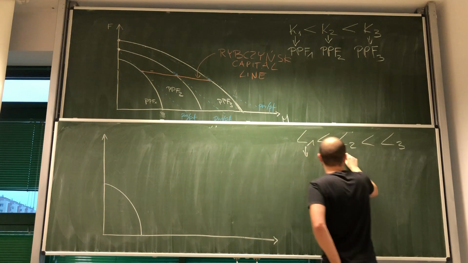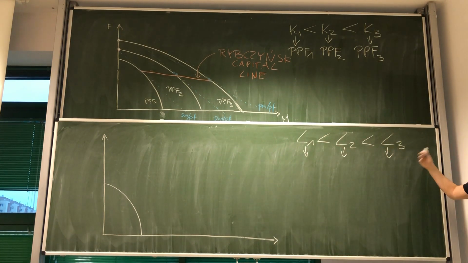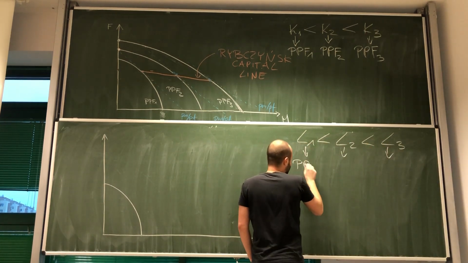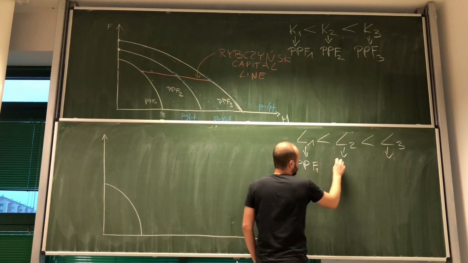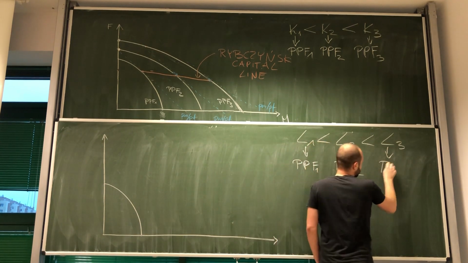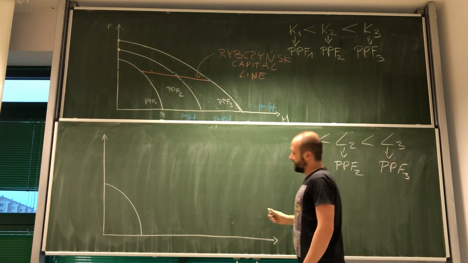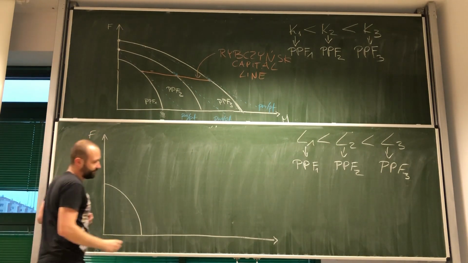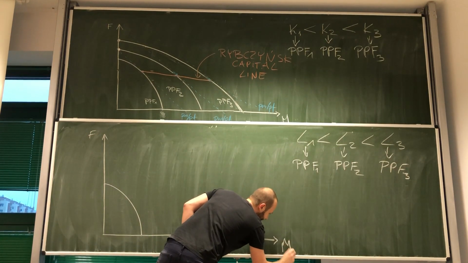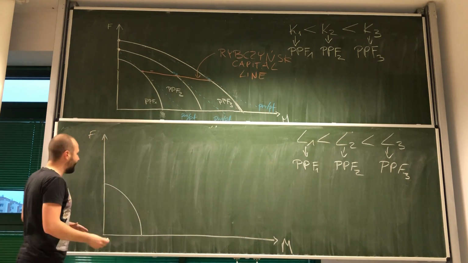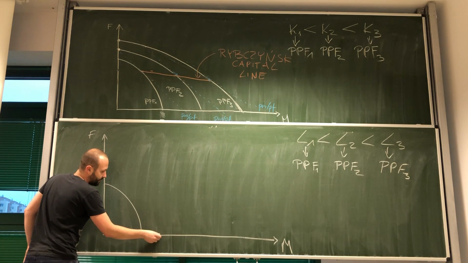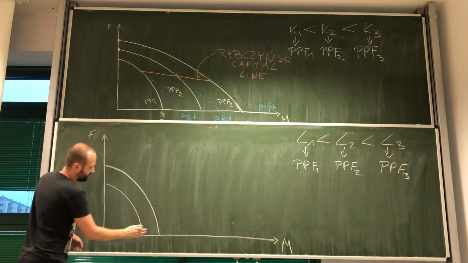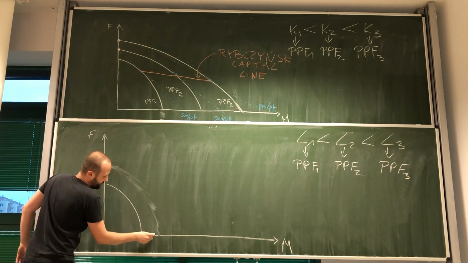Right? Each of these levels of labor, assuming, of course, that capital is constant, is associated with a different production possibility frontier. But now, because production of food is labor intensive, we should expect that increases in labor will favor the production of food.